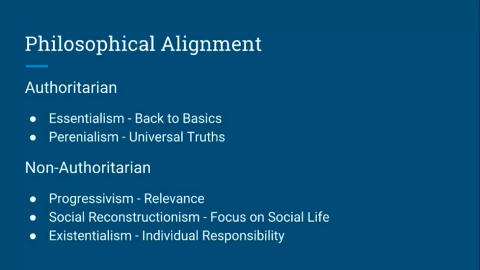So I read Socrates and learned about the thinking of, well, really Plato, and learned about the ideas of Socrates. And so I went through that particular period of time. But since then, we've moved away from the authoritarian over to the non-authoritarian.